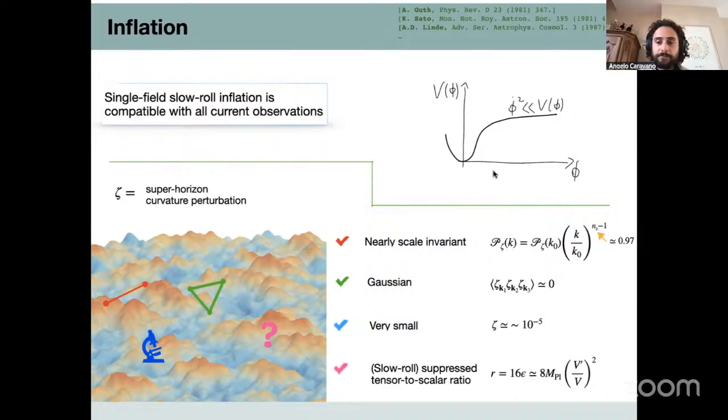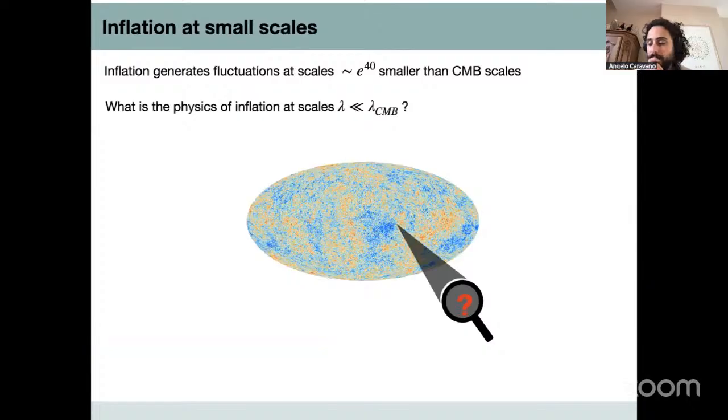Now, having introduced the simplest possible inflationary model, let me move to the central question of this talk, and of the work that I will describe here. The question is about scales in inflation. We know that inflation generates fluctuations on the very large cosmological scales, and this is why we introduced inflation in the first place.